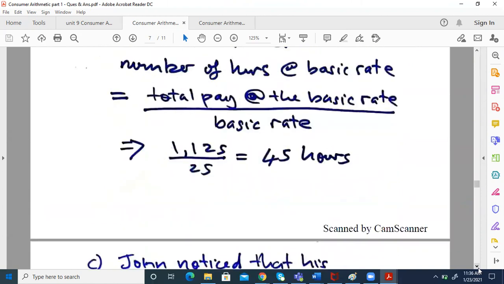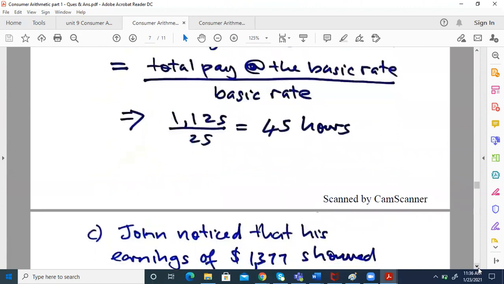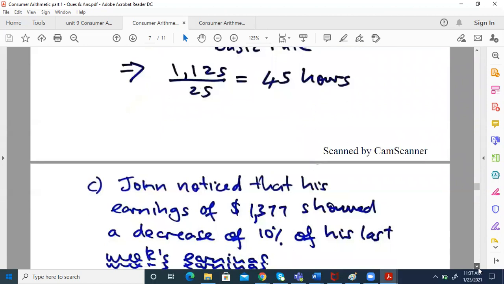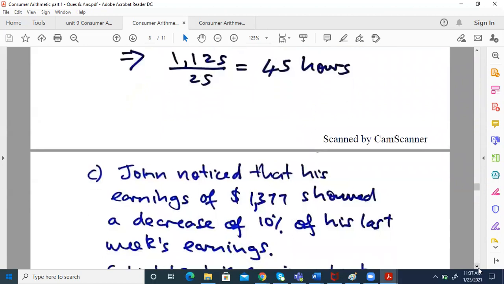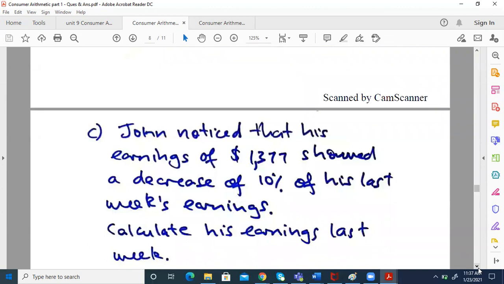John noticed that his earnings this week showed a decrease of 10% of his last week's earnings. Calculate his earnings last week.